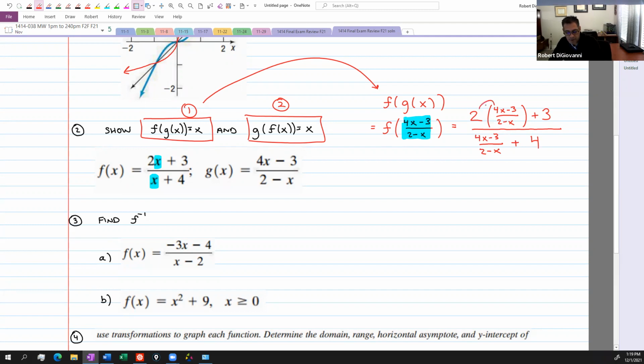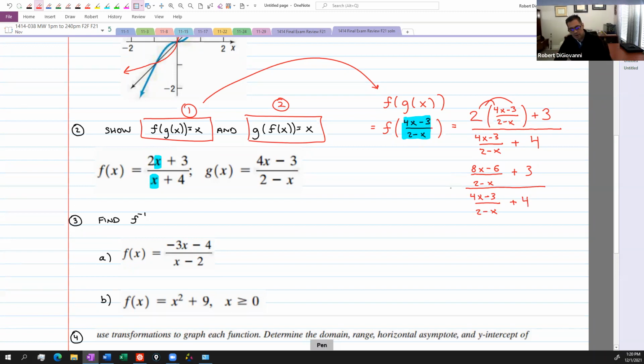So I'm going to distribute the 2 through the top there. So I get 8x minus 6 over the denominator 2 minus x plus 3. And then on the bottom, I have 4x minus 3 over 2 minus x plus 4. Now, there's a couple of different ways to approach this.